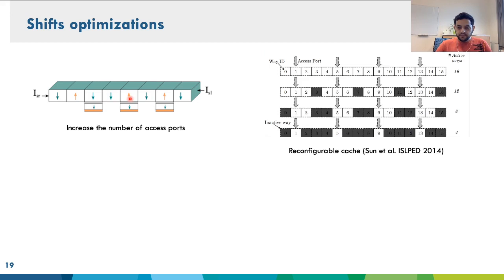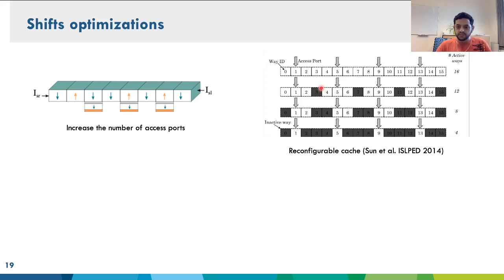What next? There is this other proposal of reconfigurable cache which was presented in 2014, which says you can do dynamic reconfigurability of the domains or the data locations, the memory locations, if the cache utilization is not 100%.